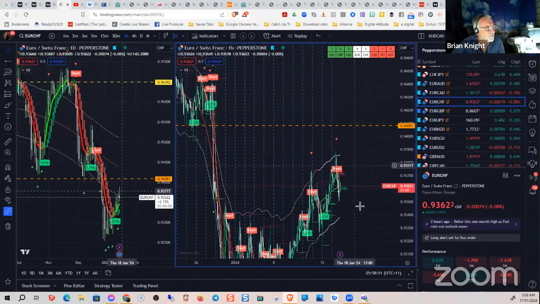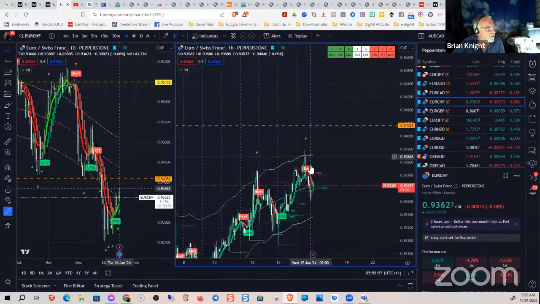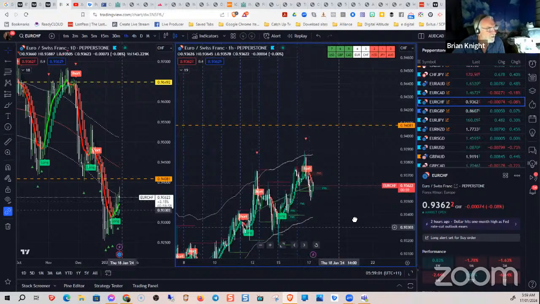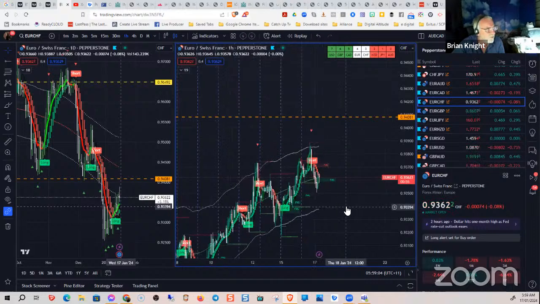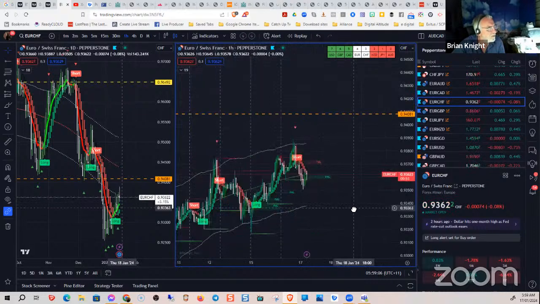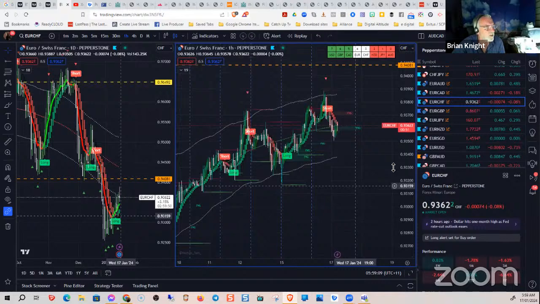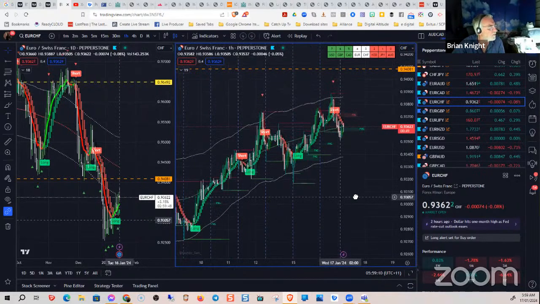In actual fact, that's good how it pulled back there. If it doesn't break structure here and it starts pushing back up, which you can see that's what it's doing, that could be a good buy on that one.